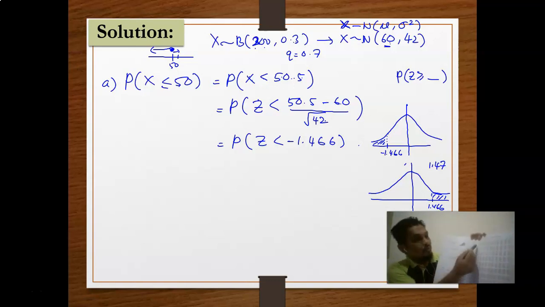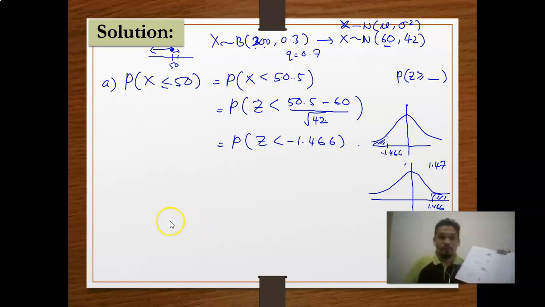Find z here till you reach 1.4, and then 1.4 plus 0.07. For 1.47, we find the result of z, which is 1.4 plus 0.07.